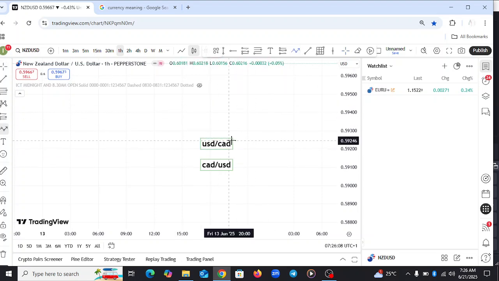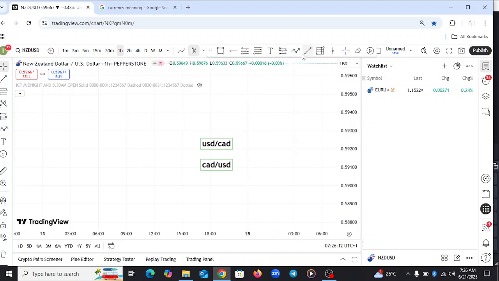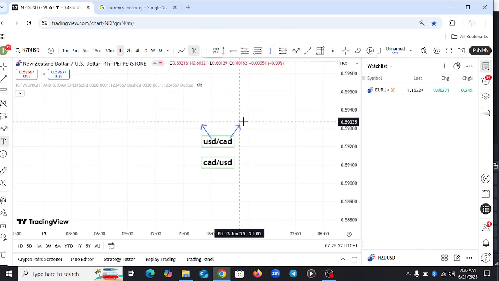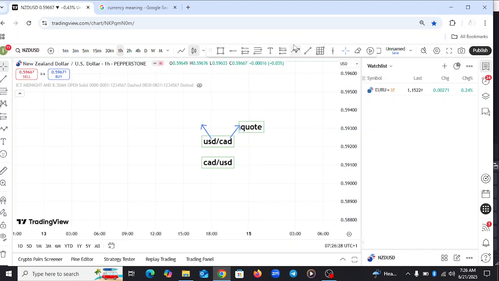So let's do it this way, and this as well. So this would be called the quote, while this would be called the base.